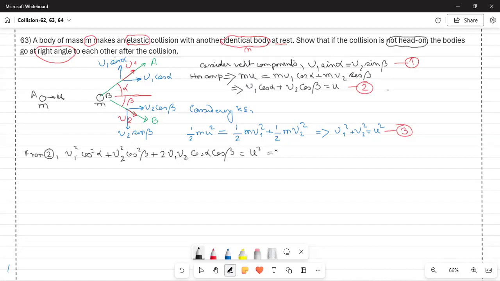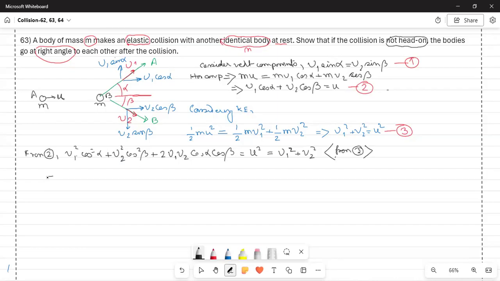Now this u square we use from this equation 3. U square is v1 square plus v2 square. This u square you get from equation 3.